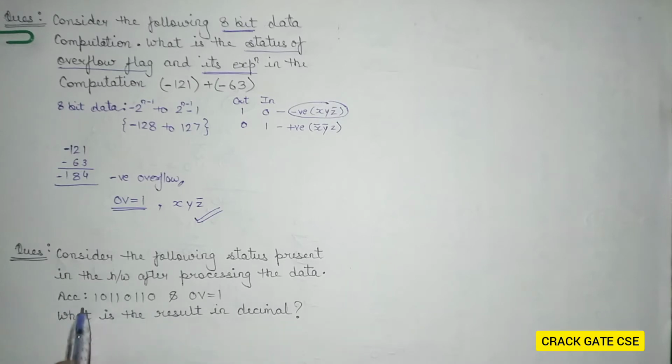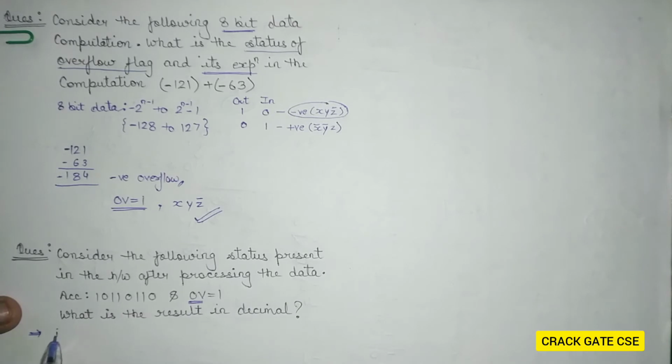Only two things are given, the accumulator result and the overflow flag, and they are asking for the final result. First of all, what you can observe is that overflow is set. So let me write down over here, as the overflow flag is present.